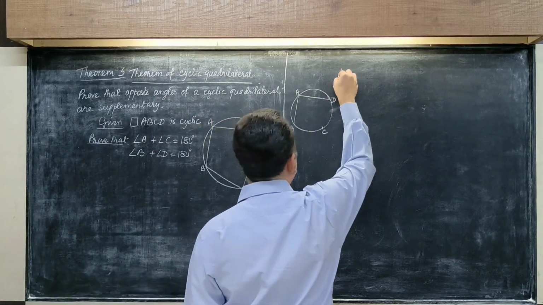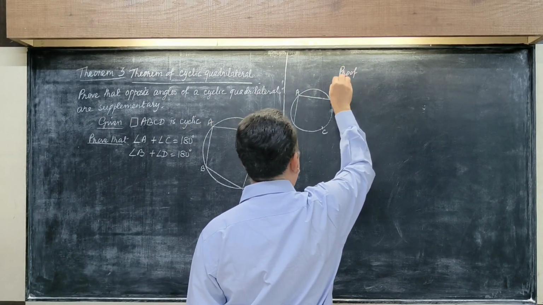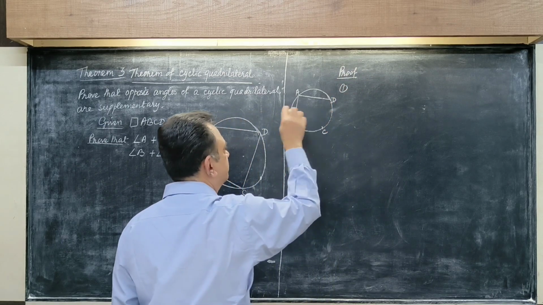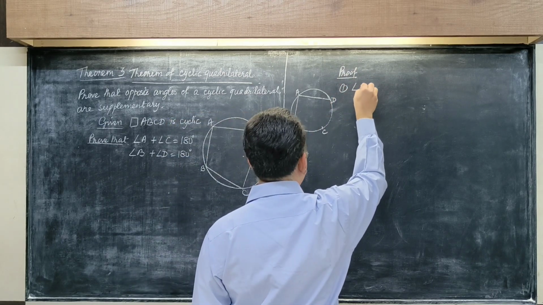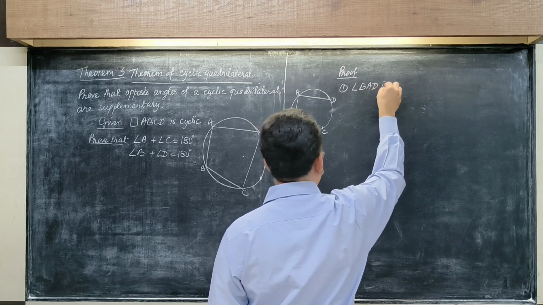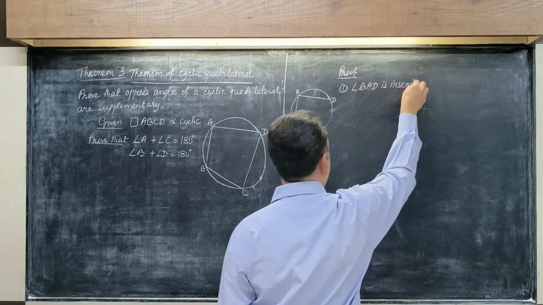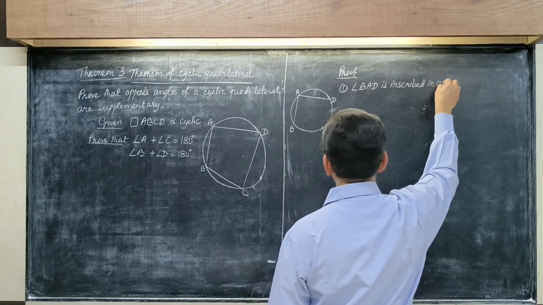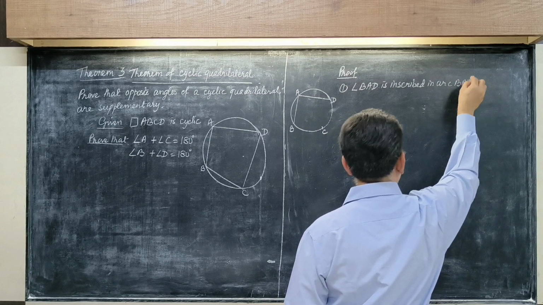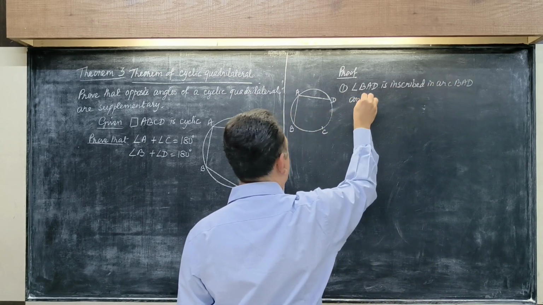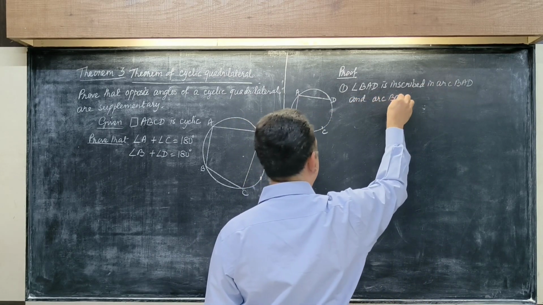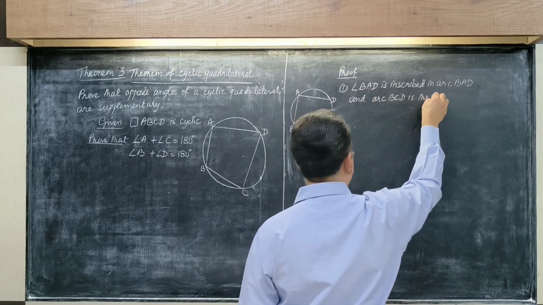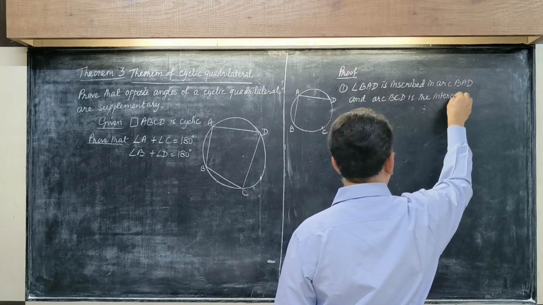So my first point of the proof, referring to this figure: angle BAD is inscribed in arc BAD and arc BCD is the intercepted arc.